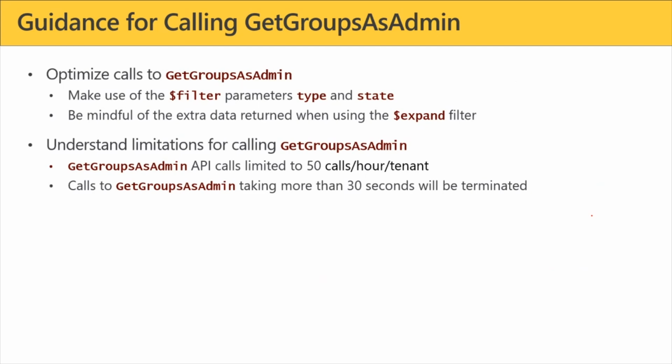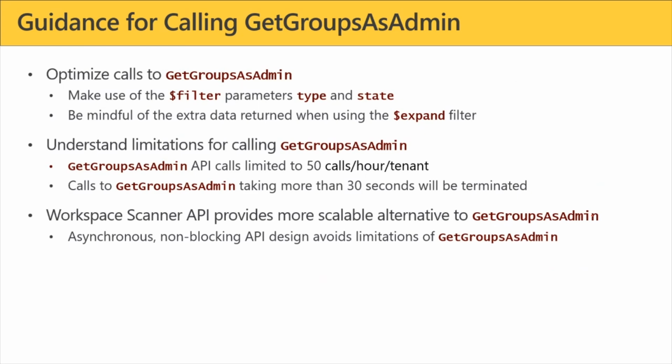Okay, while you think this is bad news, what you have to do is change your mindset. We have another API, the Workspace Scanner API, and this provides a far more scalable alternative to calling GetGroupsAsAdmin. The reason is because it's an asynchronous API, it's non-blocking, and you can use it without the limitations that we've talked about with GetGroupsAsAdmin.